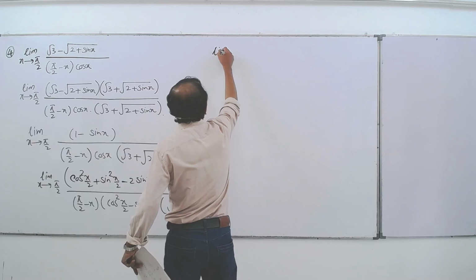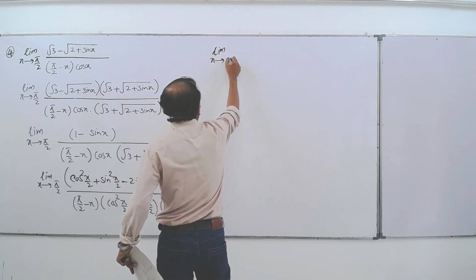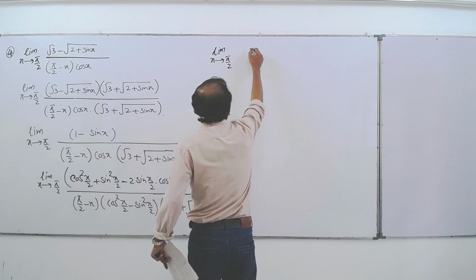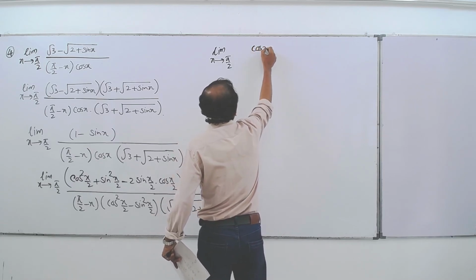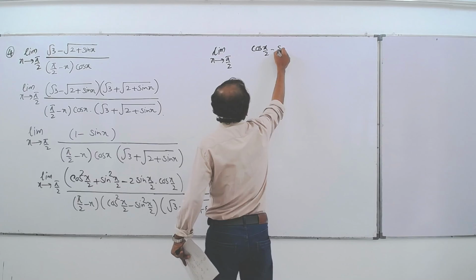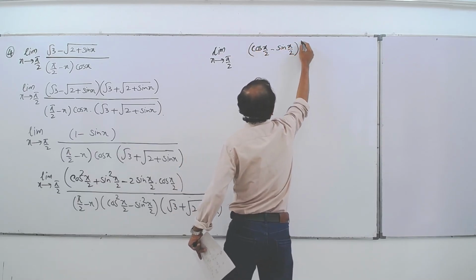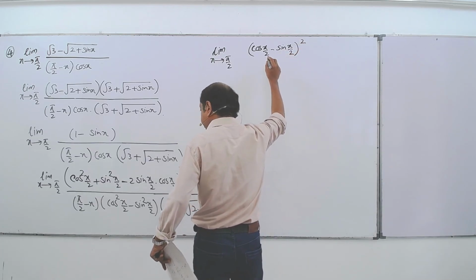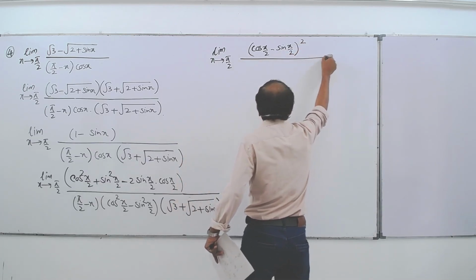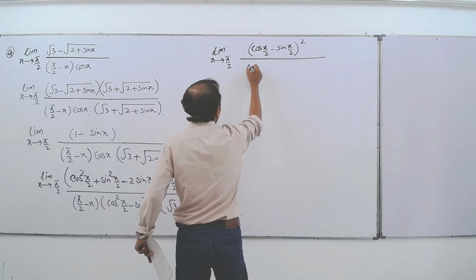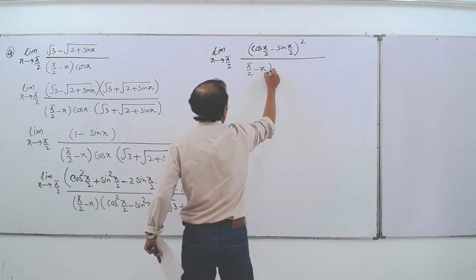Limit x going to pi by 2. Numerator, this bracket is cos x by 2 minus sin x by 2 perfect square, divided by pi by 2 minus x.